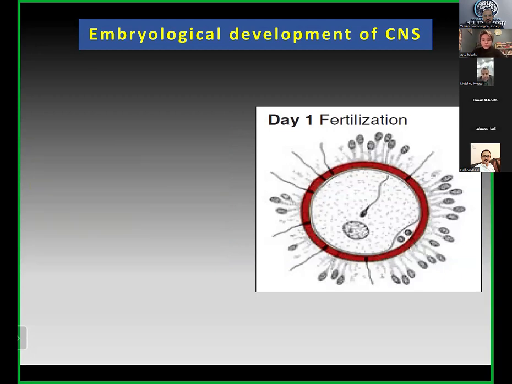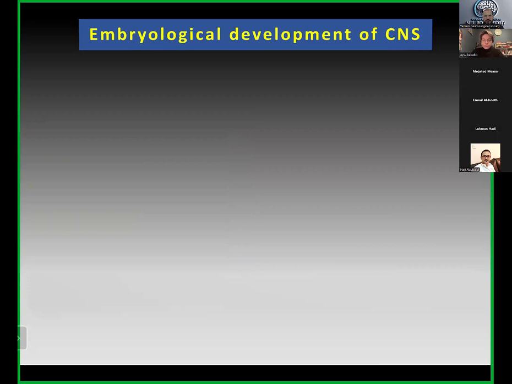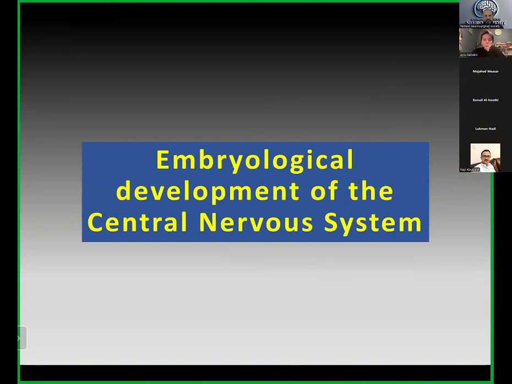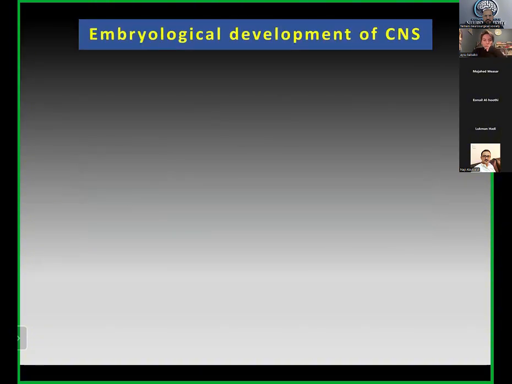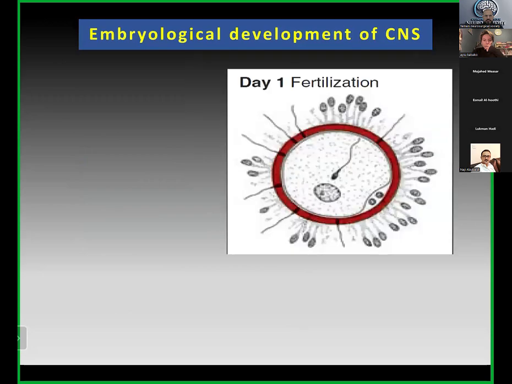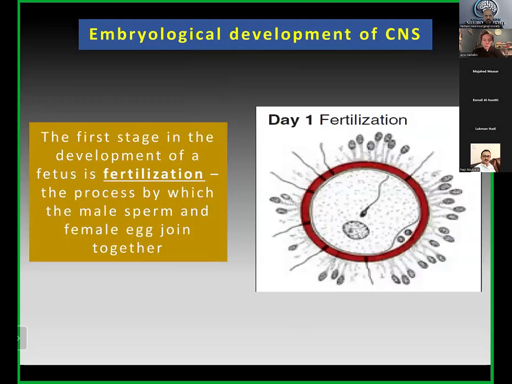Sorry for this problem. So I will talk about the embryological development of the central nervous system. First of all, the first stage of this development is usually by the junction of the sperm and the ovum to form a fertilized oocyte.